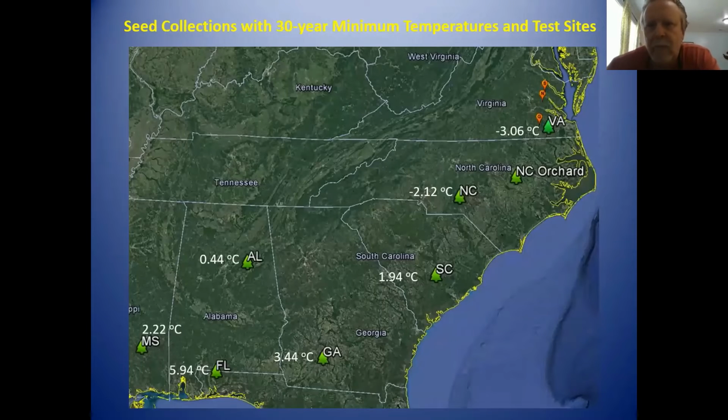So what I have here, we used 8 seed sources, and these numbers are their 30-year mean minimum temperature for the year.